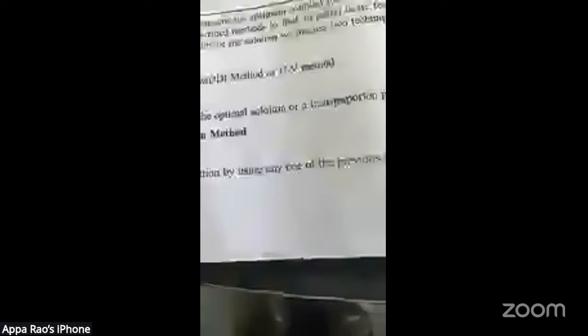What are the previous methods? Northwest corner method. Step 2: check that the number of occupied or basic cells is equal to m plus n minus 1, where m is the number of rows and n is the number of columns.